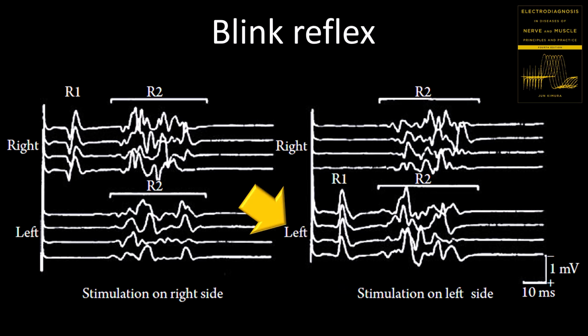The left orbicularis oculi muscle electrode records R1 and R2 ipsilateral with similar characteristics as the ones recorded from the right orbicularis oculi, following right side stimulation, and the right orbicularis oculi electrode only records R2 contralateral.